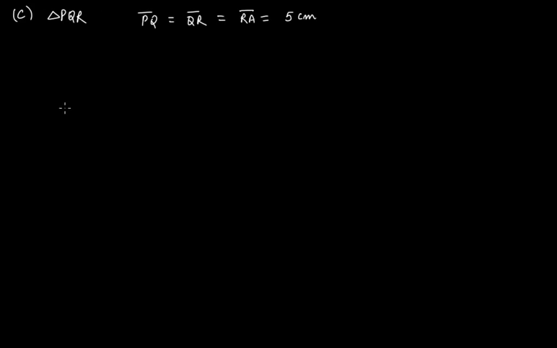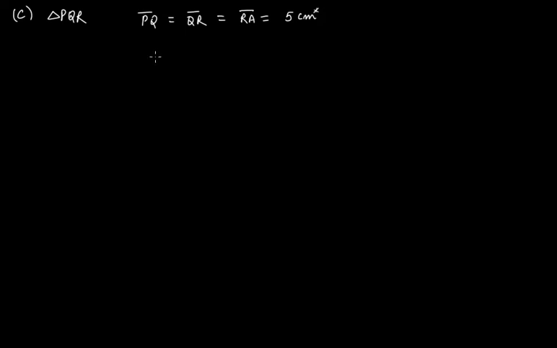The third one, triangle PQR, and in this triangle you have PQ is equal to QR is equal to RP is equal to 5 centimeter. Well, again, this value doesn't matter. What matters is it's given that PQ, QR, and RP, that is, the three sides of this triangle are equal.